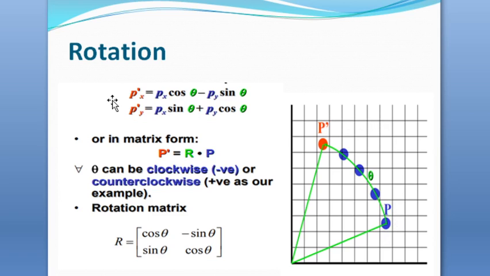Therefore P dash x equals Px cos theta minus Py sin theta, and P dash y equals Px sin theta plus Py cos theta. The initial point is multiplied with the rotation matrix, R dot P. Theta is negative for clockwise and positive for counterclockwise.